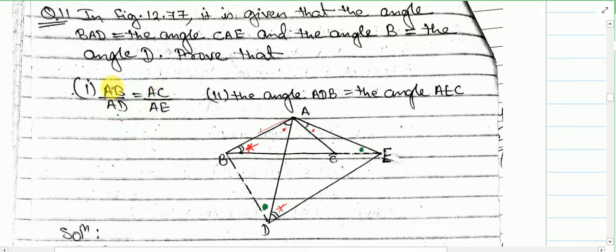So here AB and AC are part of triangle ABC, and AD and AE are part of this triangle ADE. So right now, in order to prove this first one, we are not considering this triangle ACE. We are going to consider ABC and ADE. So let us see the first one.